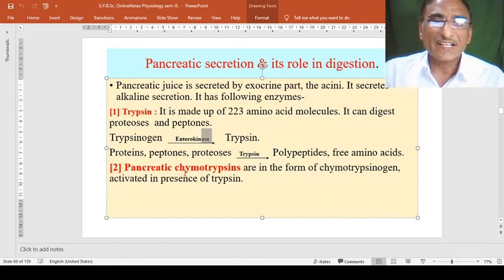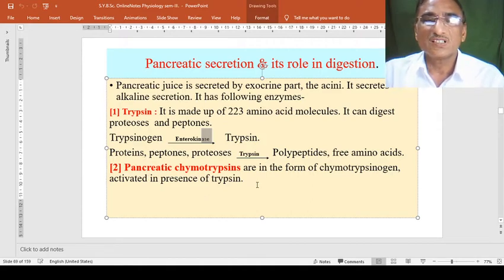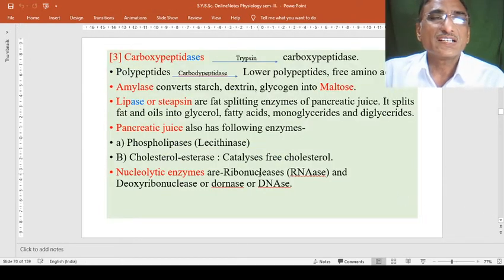Second, pancreatic chymotrypsins. These are in the form of chymotrypsinogen and are activated in the presence of trypsin. So trypsin again activates the chymotrypsinogen. In the next reaction, carboxypeptidases, as I told you previously, the ase ending indicates enzymes.